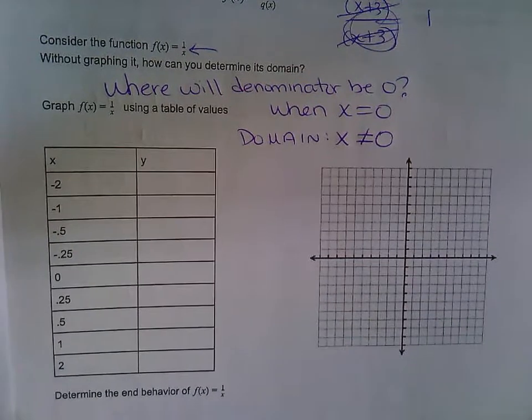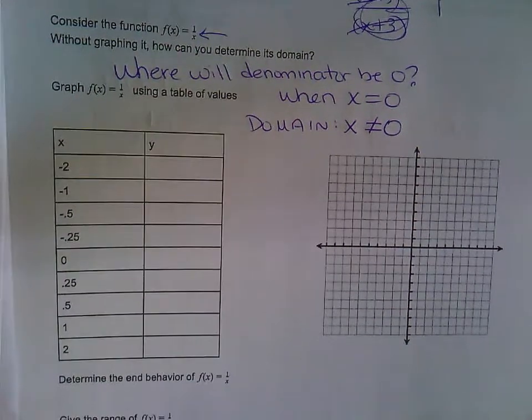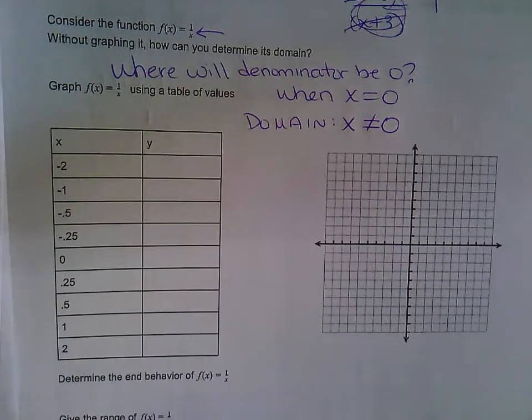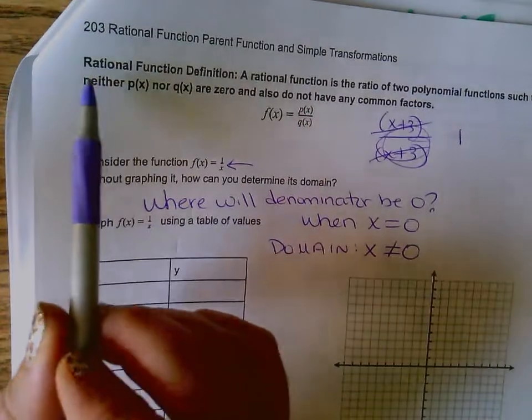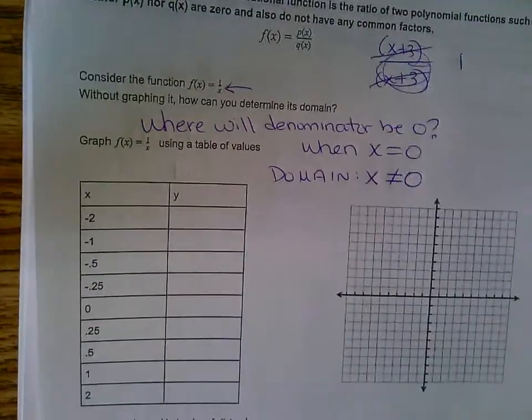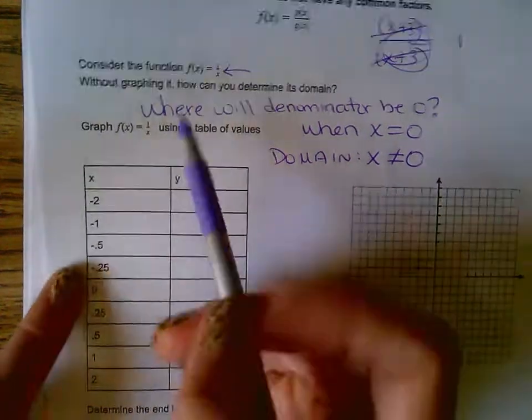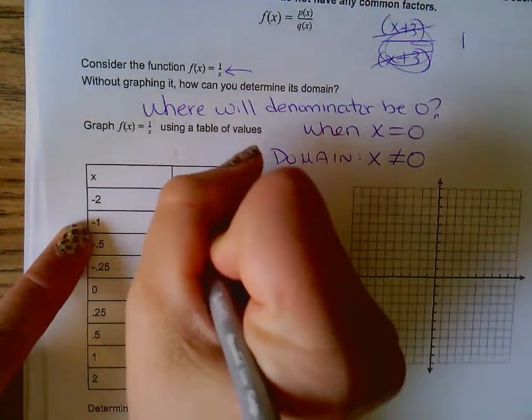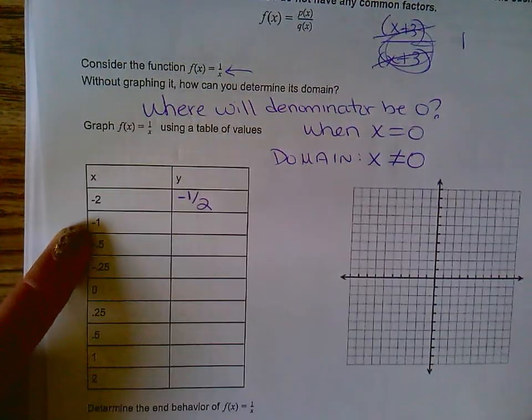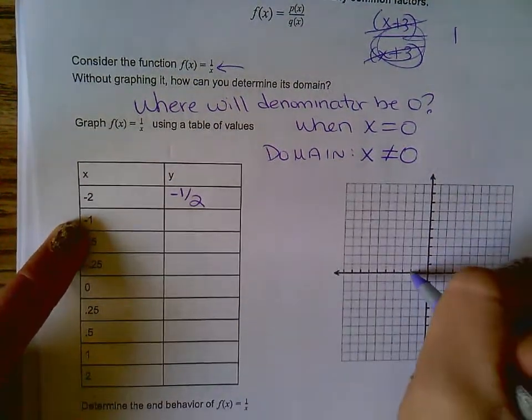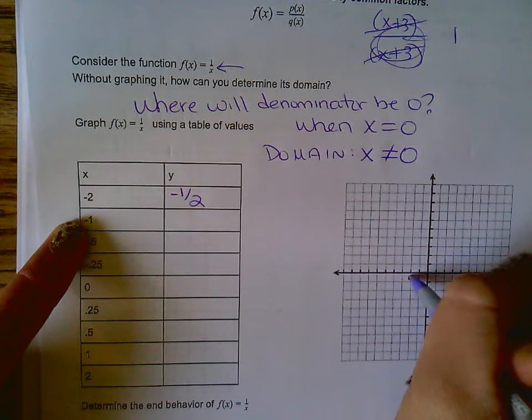All right, so then how can we graph a function that we've never seen before? We could use the strategy of a table of values. Everyone sees this is page 203, right? So if I plug in -2, what would I get in that fraction? 1 over -2, right? So that's the number -1/2. So let's plot -2, comma, -1/2 on our graph.